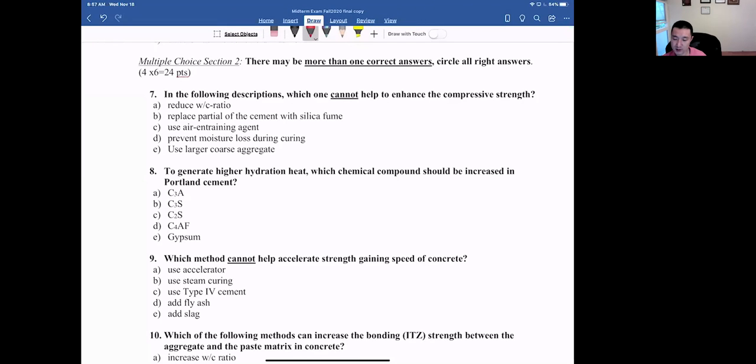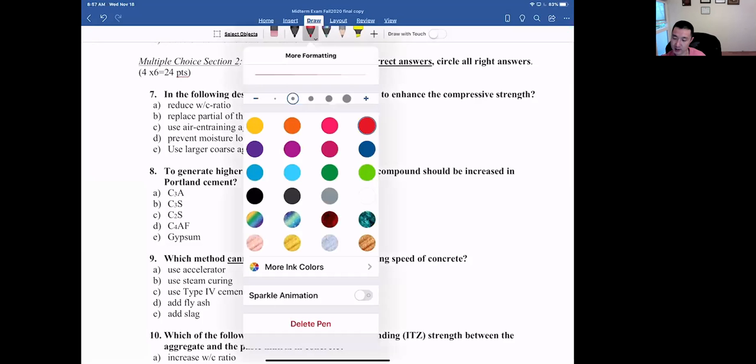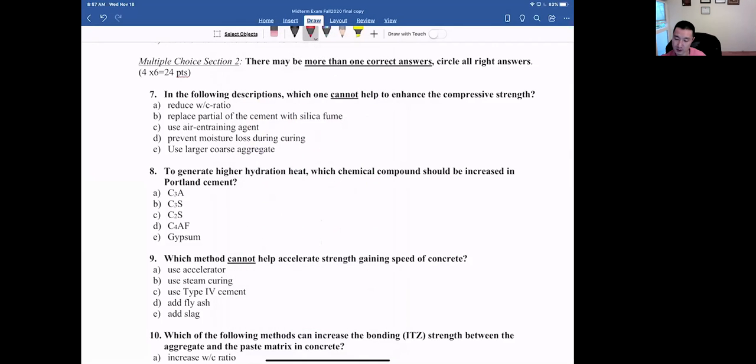B, replace part of the cement with silica fume. It can also enhance the strength. C, use air entraining agent. Entrained air bubbles in concrete will reduce the strength. So that cannot help to enhance the strength. So C is right.